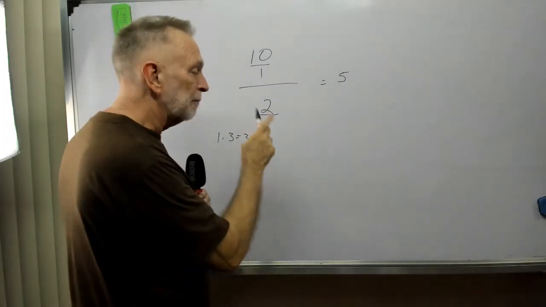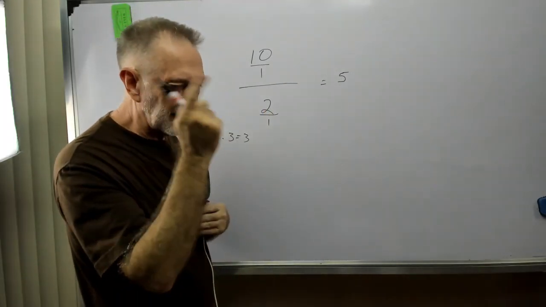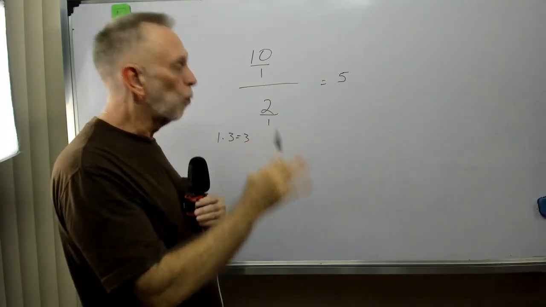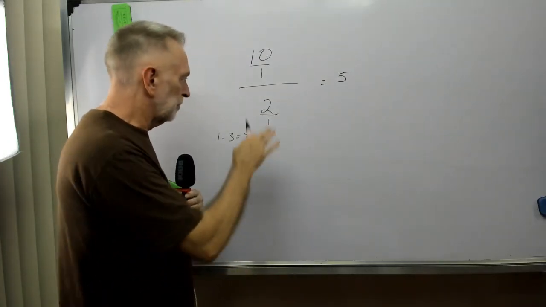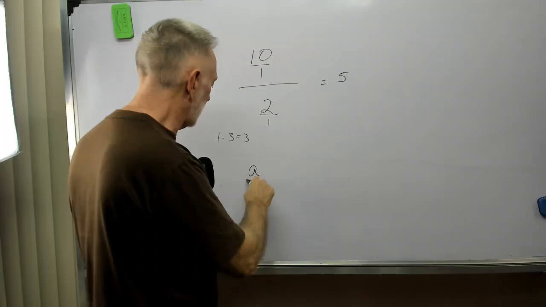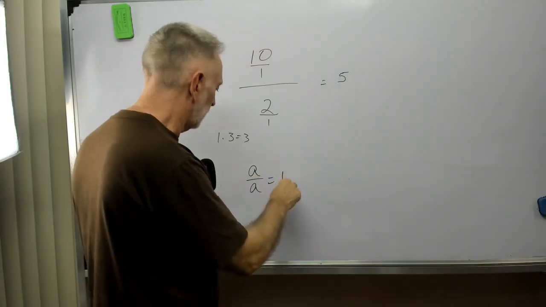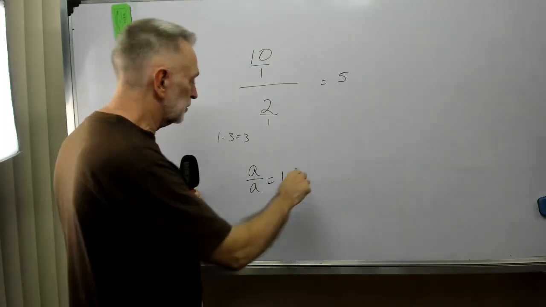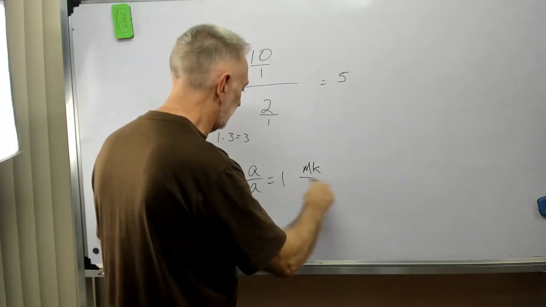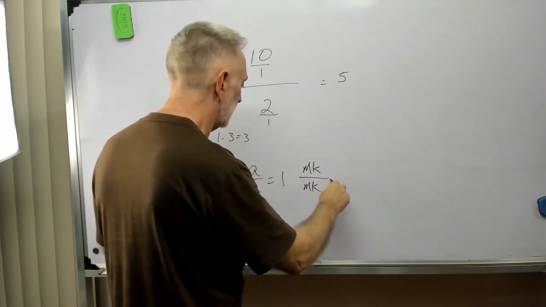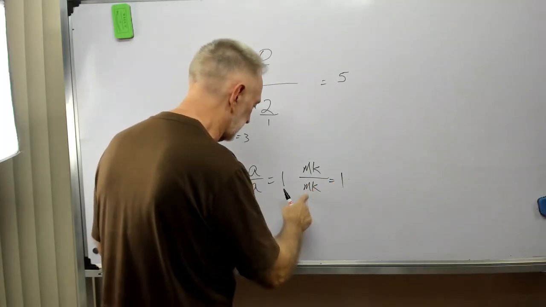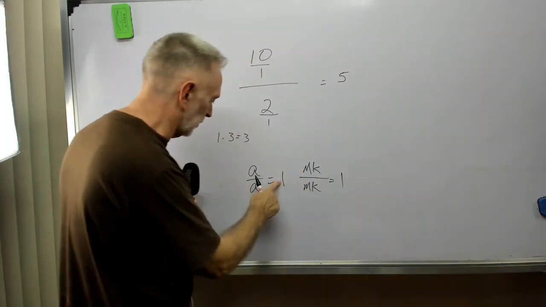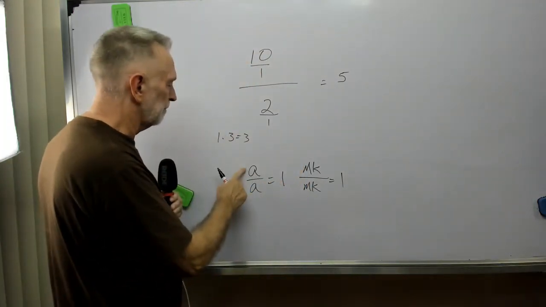Okay, but I'm going to strategically think about what my 1 would be. But before I say it, what is A divided by A? 1. What is Miss Christie divided by Miss Christie? 1. 1 times Miss Christie equals Miss Christie. 1 times A equals A.